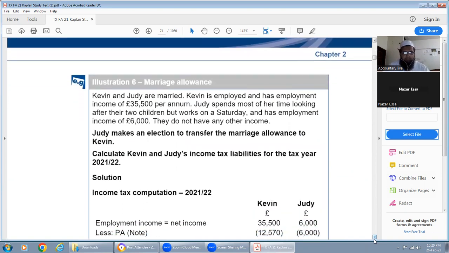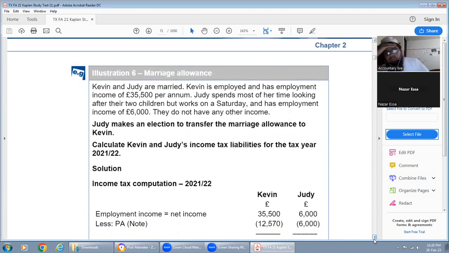Now we have an example. Kevin and Judy are married. Kevin is employed and has employment income of 35,500 per annum. Judy spends most of her time looking after their two children, but works on Saturday and has employment income of £6,000.